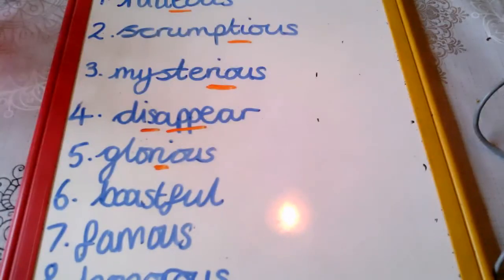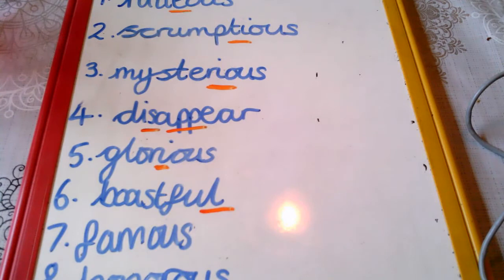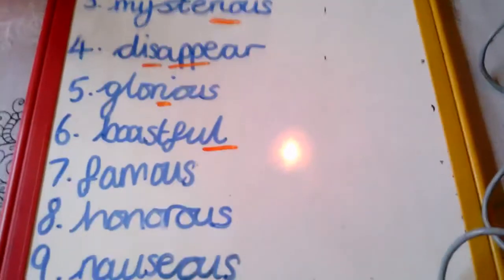There we go. And then boastful, just a rewind, because some of us were adding double L to our words with that suffix, but it's just the one L. Famous, F-A-M-O-U-S, that's our forget-me-not 4 again.